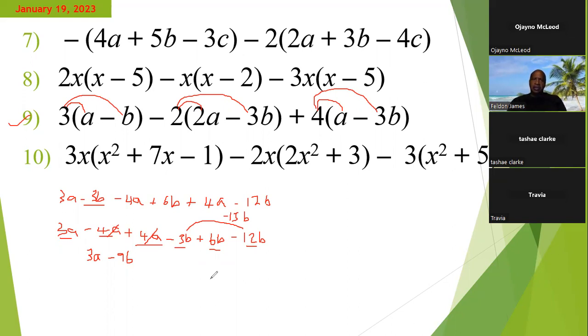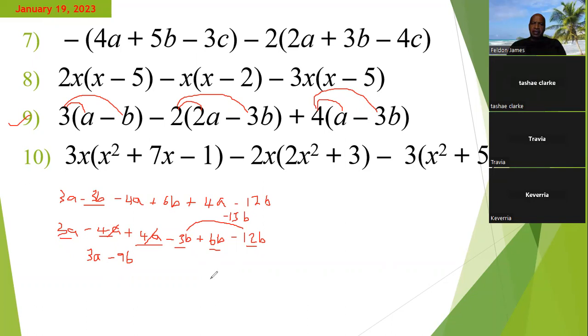All right, who wants to walk us through the last one? Sir, I didn't really get number 9. You don't get number 9? What is it that you don't get? Where did you get lost? The workout part at the last section.